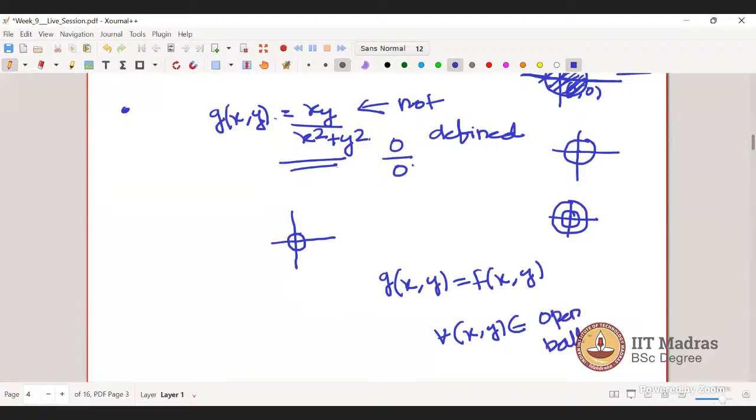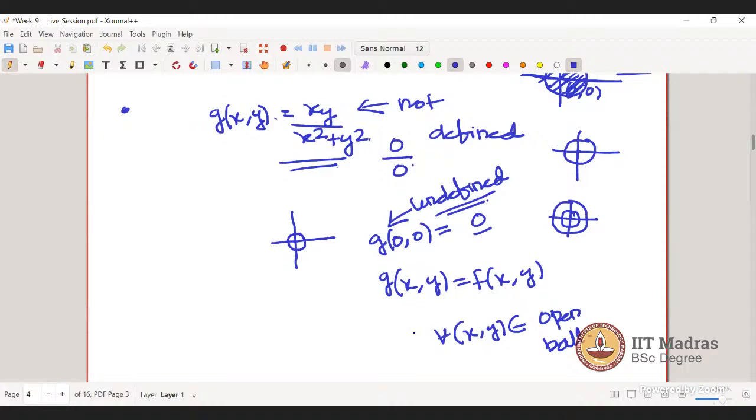But this is not true, right? Why is it not true, sir? Because if I take 0, 0, then undefined is coming. Yeah, so here I'm getting 0, but this one is undefined. So you would say this is not continuous.